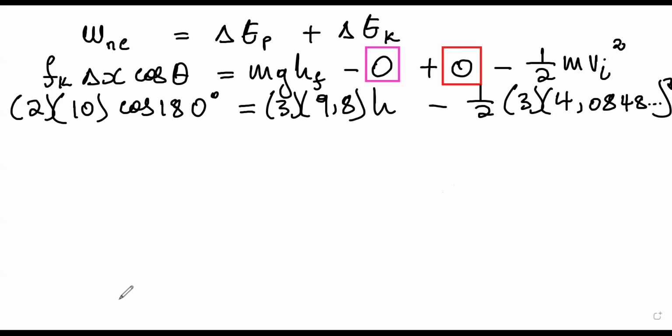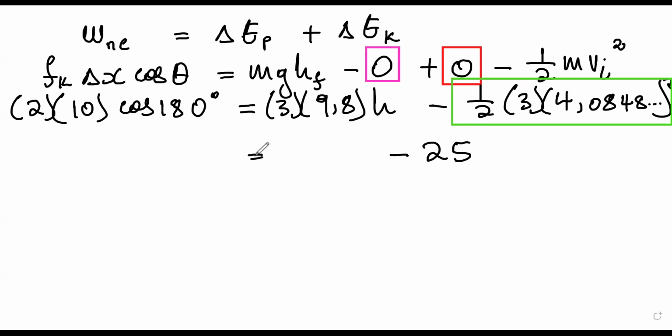Now let's check. If you go to your calculator and plug in this entire expression here, so you have 1/2 into 3 multiplied by this thing all squared, you see, you get a solid 25. And here when you say 3 times 9.8, well, you get a solid 29.4. And of course, 2 times 10, well, it's 20.